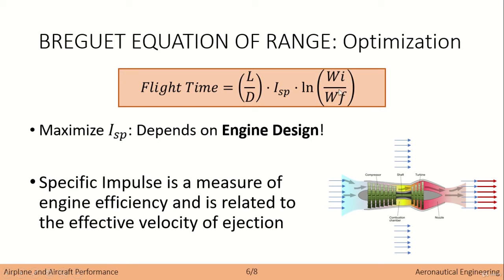So the specific impulse depends on the engine design as a way to define at which velocity the exhaust is going, okay? So it's just a measure of how much the engine is able to accelerate the fluid through the engine, right? So this is the specific impulse. It's just kind of an efficiency for the engine itself.